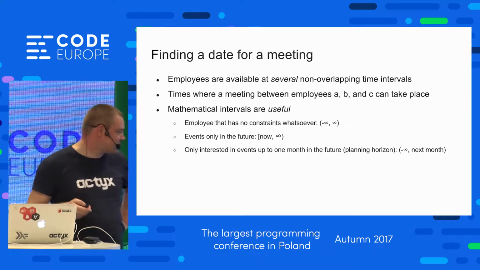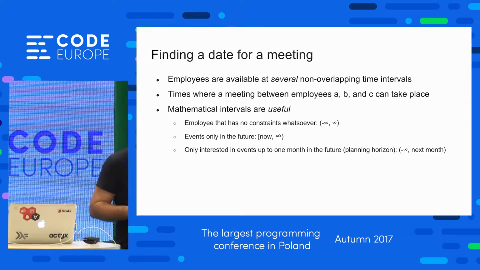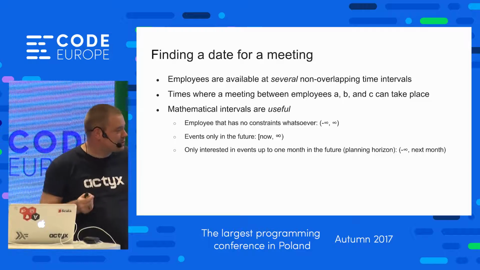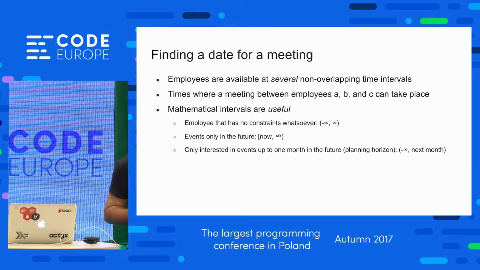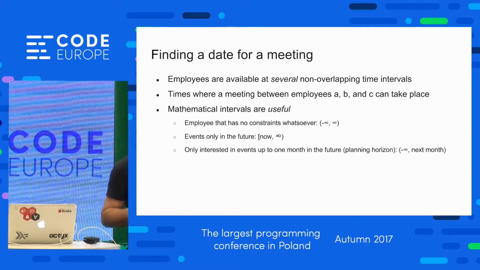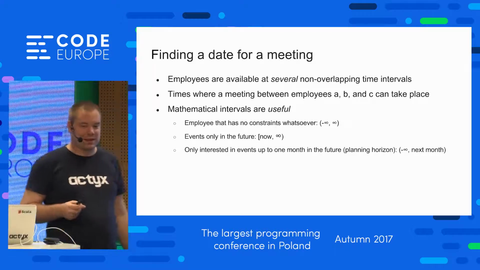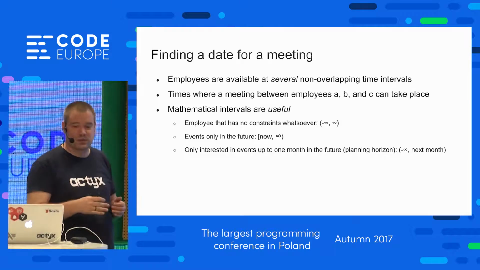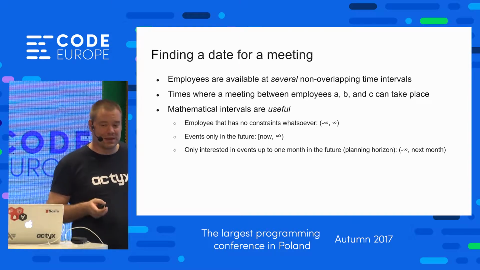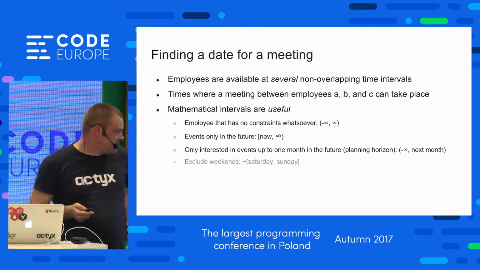In that case, in mission planning speak, that's called a planning horizon. You would say, I want only the interval from the beginning of time until next month. And then you could use that to exclude all solutions which are outside the planning horizon.